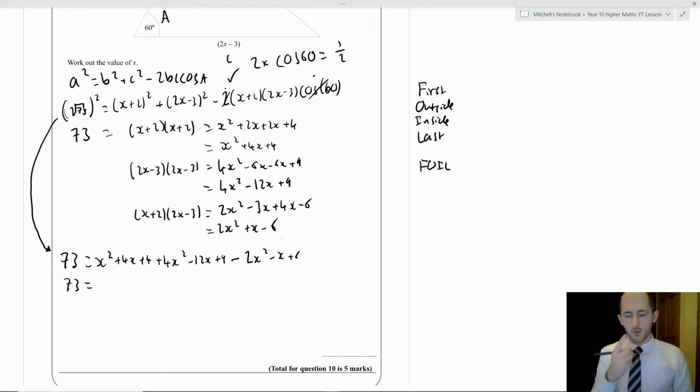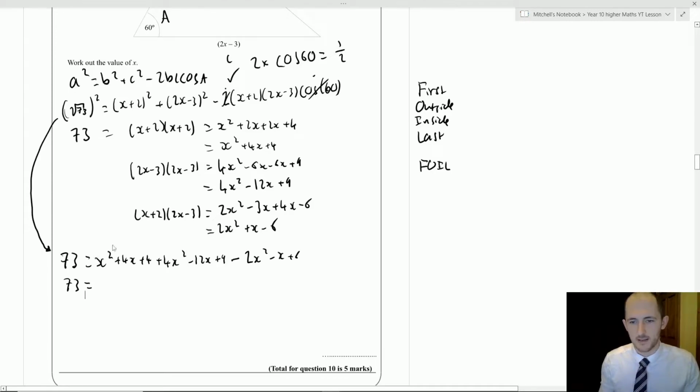And I'm wondering if you guys might be kind of coming onto an answer. So let's gather the x squareds first. We have x squared plus 4x squared is 5x squared. Minus 2x squared gives me 3x squared. I then have plus 4x minus 12x, which is minus 8x.